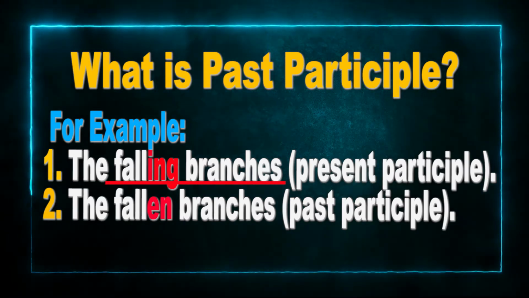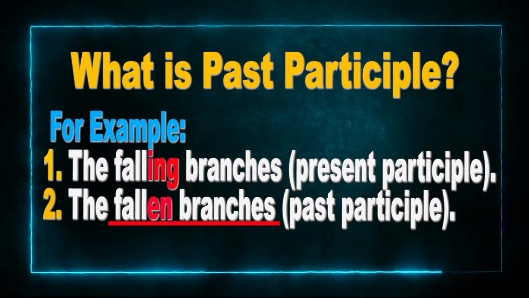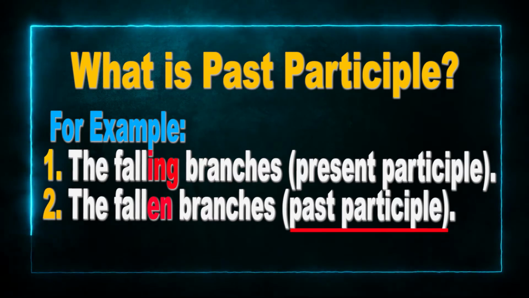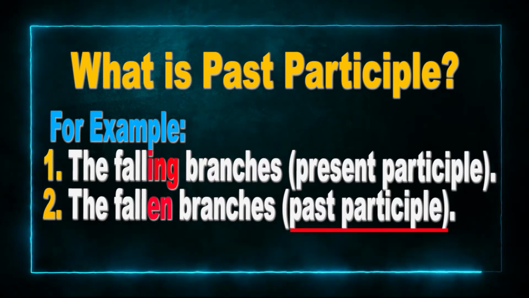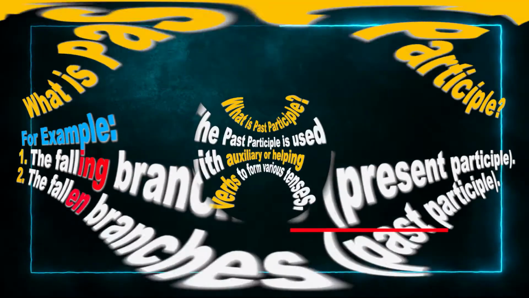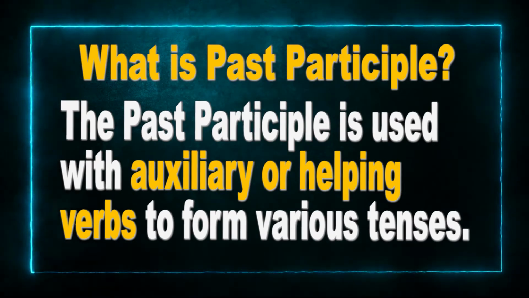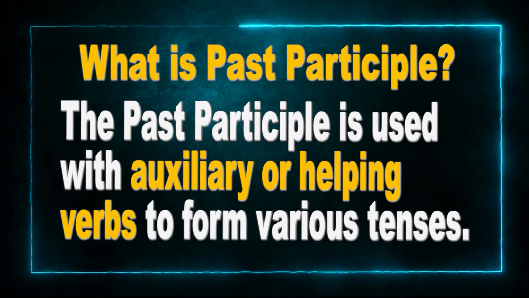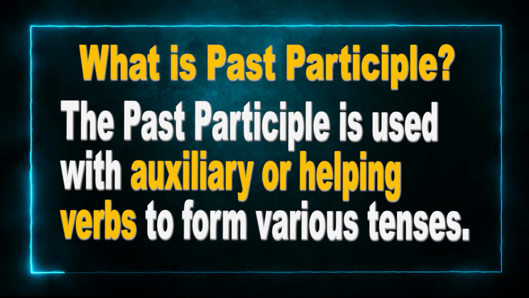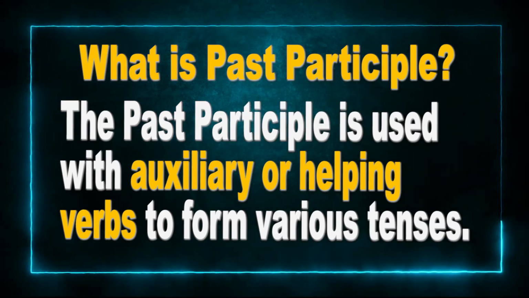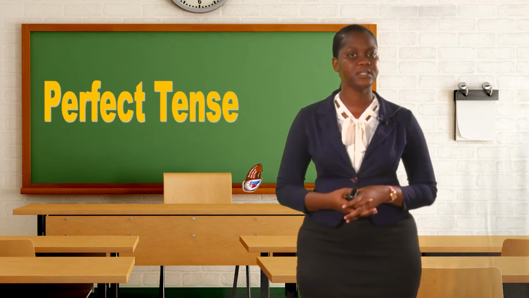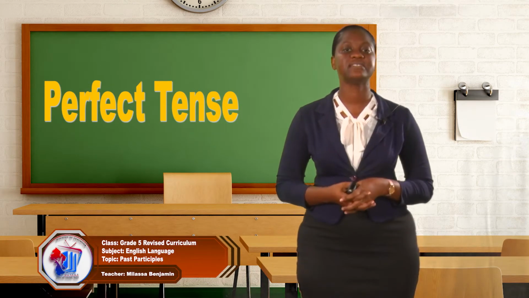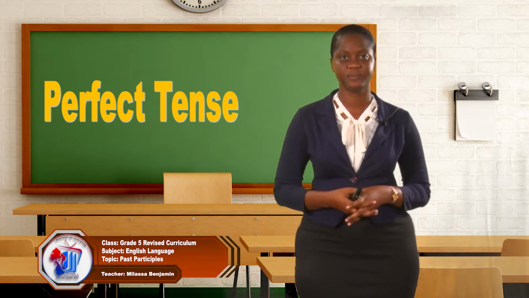But where we have fallen branches, fallen is past participle, and there it is an adjective. Also, the past participle is used with auxiliary or helping verbs to form various tenses. As we stated, the tense that we will look at is the perfect tense.